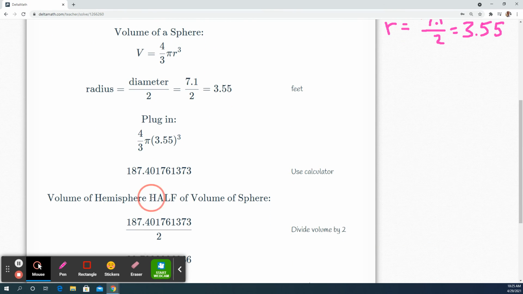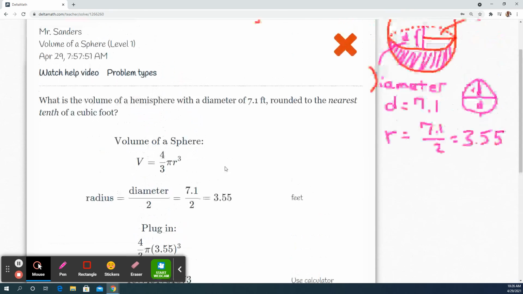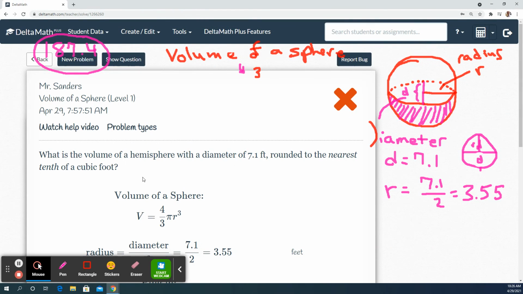Oh, and there we go. There was our mistake. I should have reread the question before I finished it off. We need to half it. So let's go ahead and half it and see if that takes care of the answer. I forgot we were doing the hemisphere. So, last step. This is also why I didn't have the divide by 2 in the original formula. It may have prevented my mistake, but it's a lot easier.